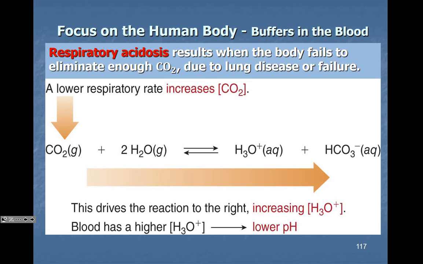Bronchitis can also cause it because people don't want to take a deep breath. It hurts. So they don't take enough oxygen in, and because of that, they're not getting rid of the CO2. They increase the CO2 and it forces the reaction this way, which increases the acid in our blood. And acid in our blood can cause a lot of problems.